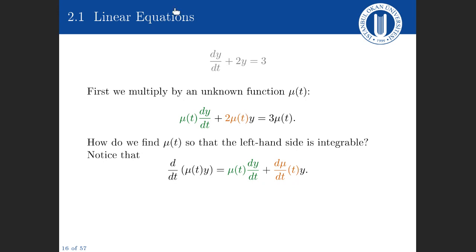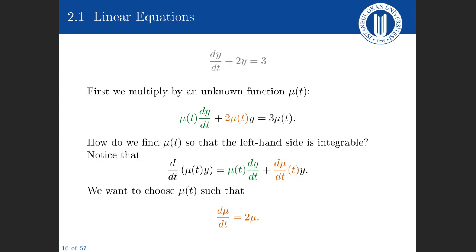And that's almost what we have. There's a mu t dy dt, that's the same. And then the first equation has a 2 mu t, and this bottom one has d mu dt. We want them to be the same. So we want to choose the function mu t such that d mu dt is the same as 2 mu.